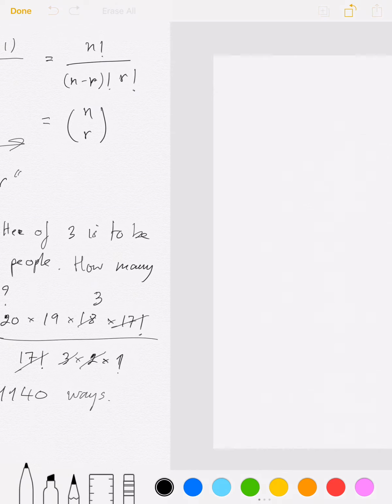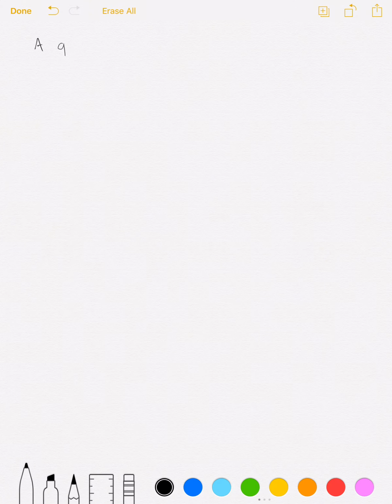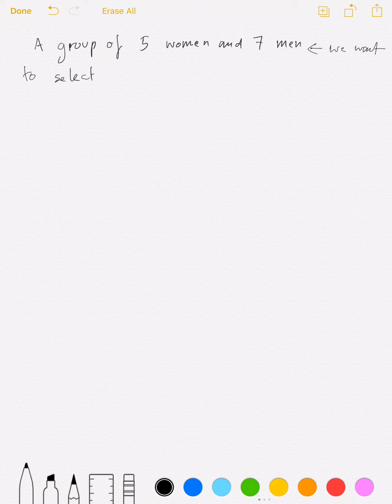Let's say we have a group of 5 women and 7 men, and from this we want to select 2 women and 3 men for a committee.